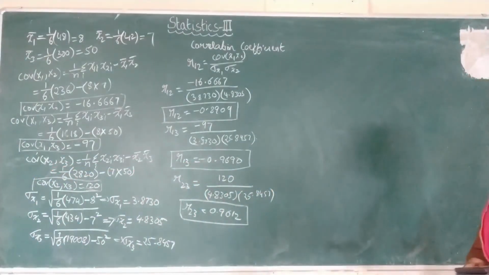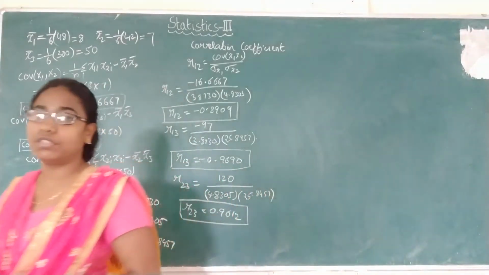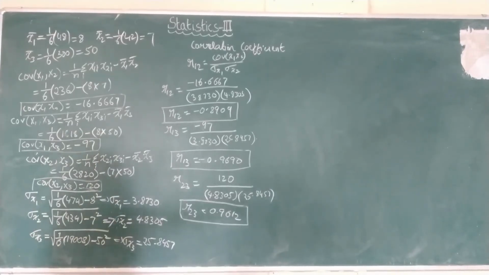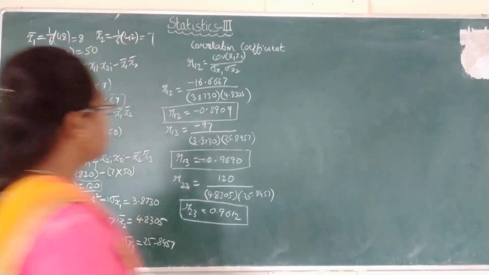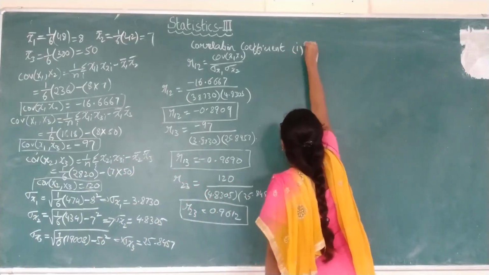Now next we have to find the partial and multiple correlation coefficients. Whatever the values of R12, R13 and R23, you have to substitute these values in the partial and multiple correlation formulas. First I'll find the partial correlation coefficients, then we'll go to the multiple correlation coefficients.